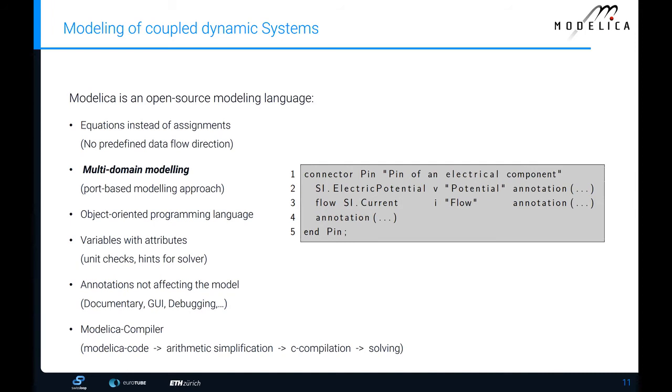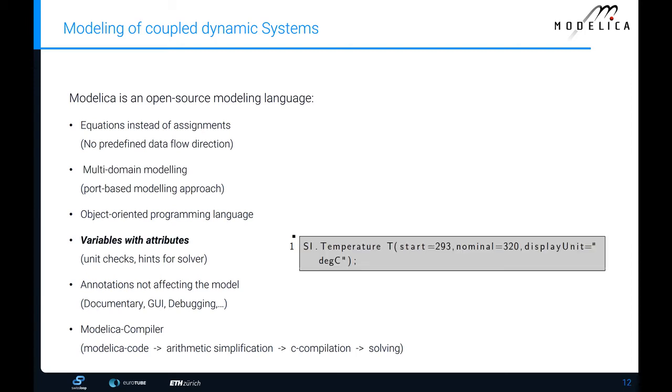Then it is port-based modeling. You can define ports where your flow variable and your potential variable can exchange to the next model, and therefore you can build up your models component for component until you have a complete system model. It's object oriented. You have variables, and you can give attributes. So you can give every variable a unit, for example.